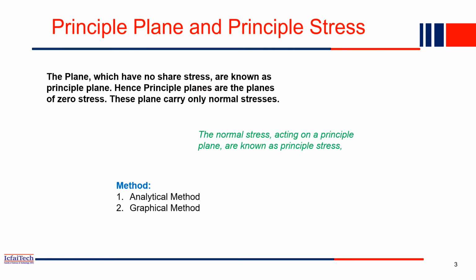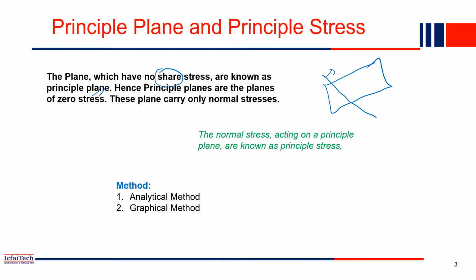Now what is principal plane and principal stress? The principal plane is where there is no shear stress, only normal stress. In a body, some plane must be there in which there won't be any shear stress.